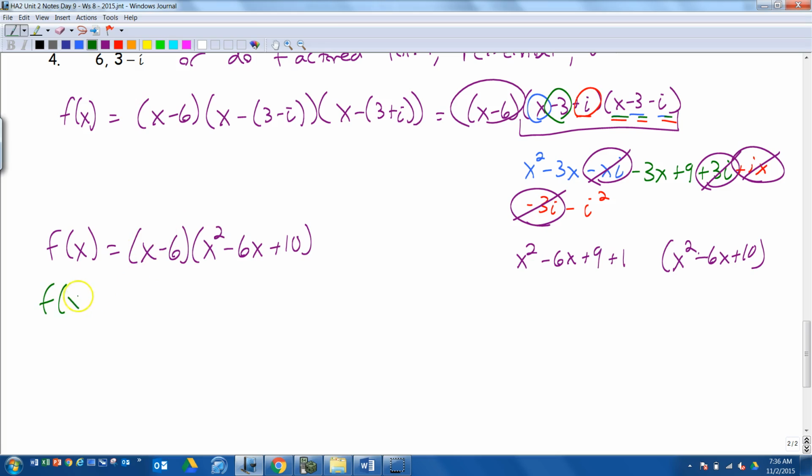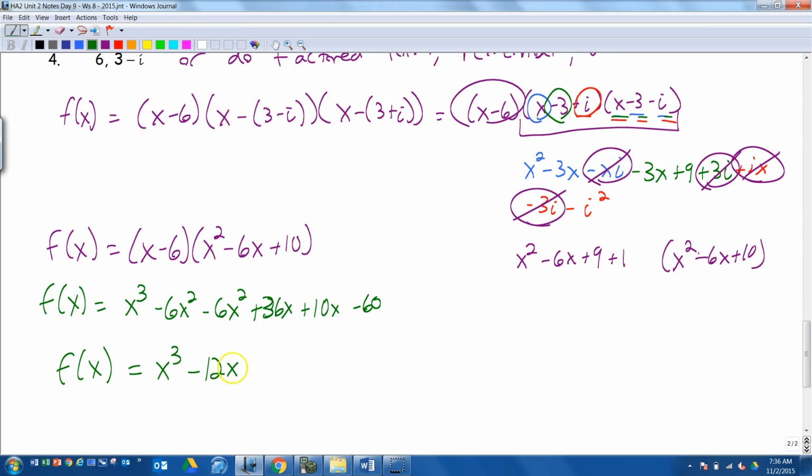We get f of x is equal to x cubed minus 6x squared minus 6x squared plus 36x plus 10x minus 60. Okay, so when you add your like terms, our final answer is x cubed minus 12x squared plus 46x minus 60.